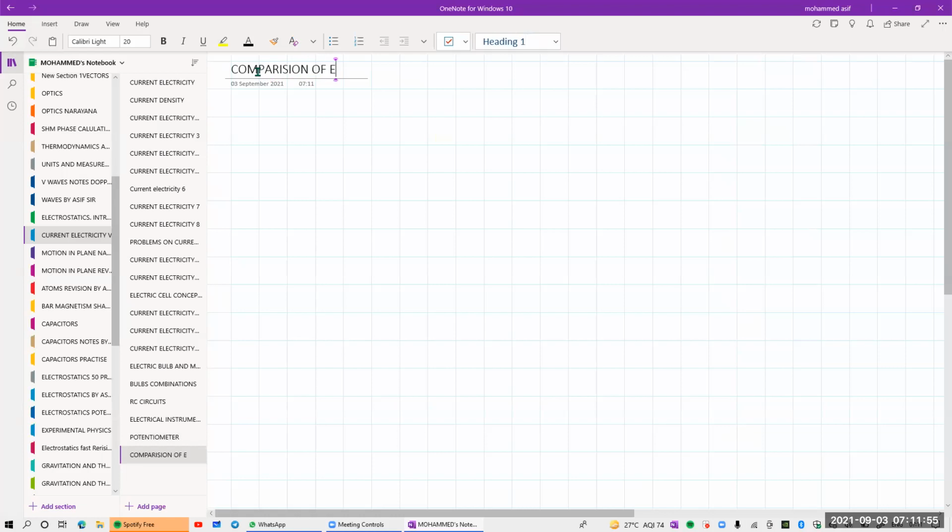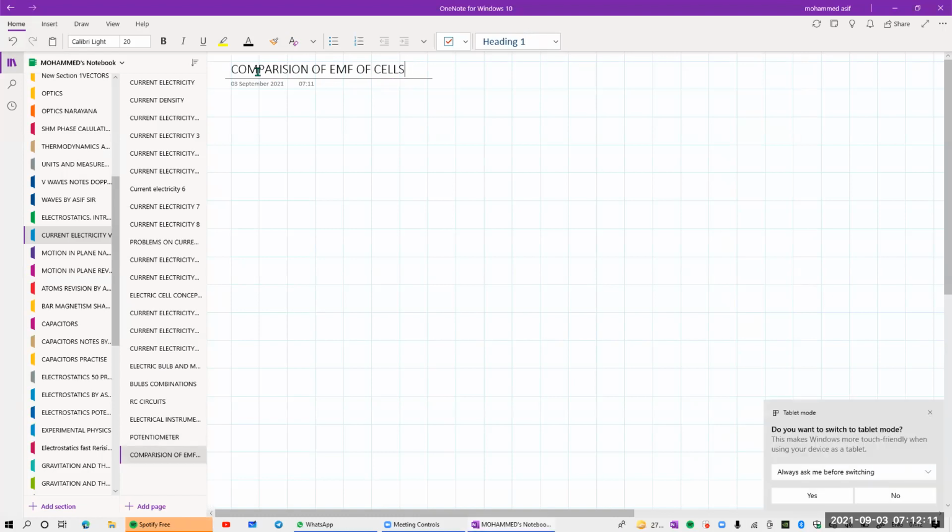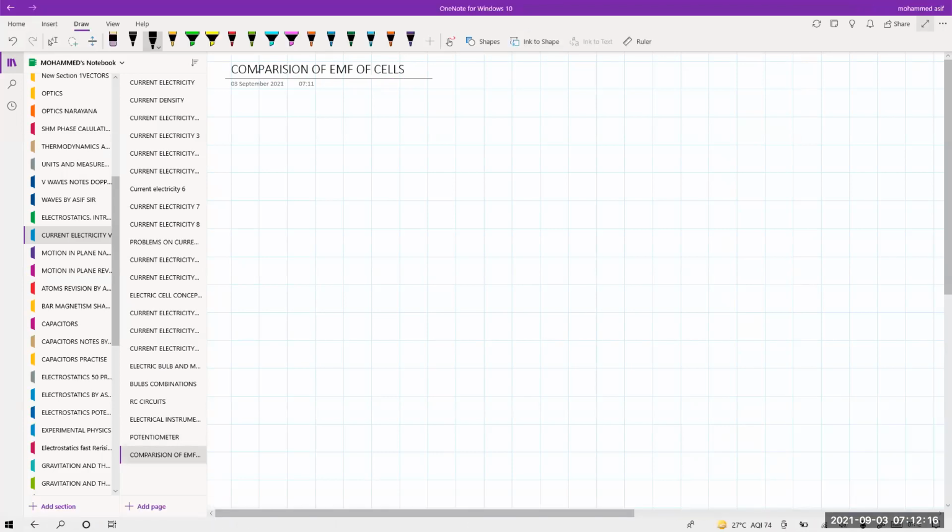Comparison of EMF of cells. Which shall be used for what purposes?